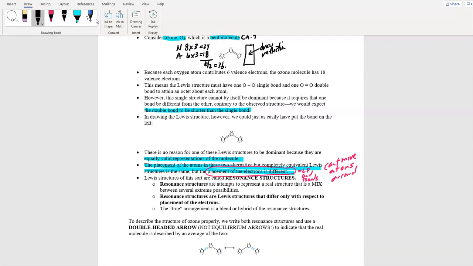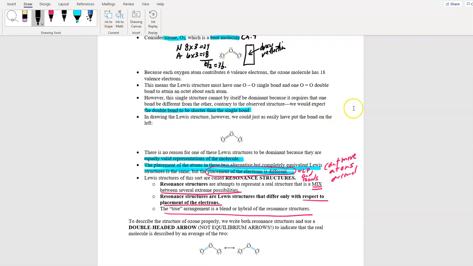So we call it a resonance structure, where it's an attempt to represent a real structure that is a mix of several possibilities. Okay? Resonance structures are Lewis structures that differ only with respect to how you place the electrons around. So the true arrangement is a blend, a hybrid of them.